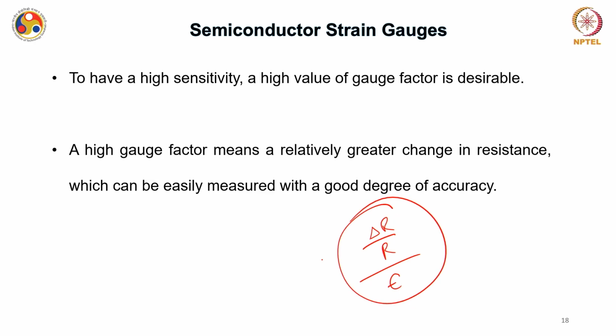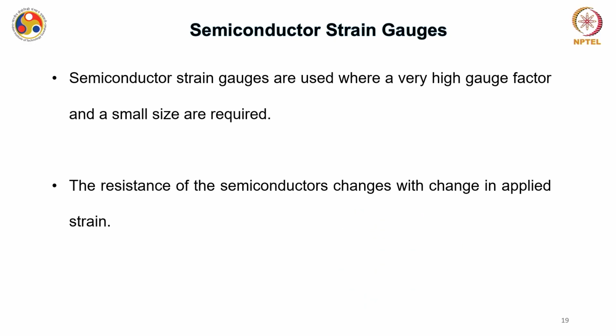A higher gauge factor means a greater change in resistance, which can be measured accurately, and it does not only affect the accuracy, but also other parameters like resolution. So semiconductor strain gauges are very helpful for these kinds of conditions.